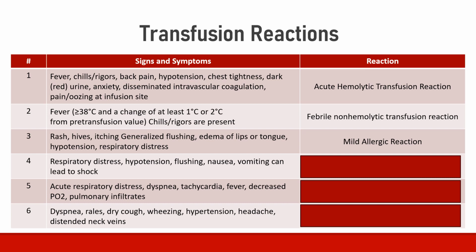So they might get a little bit of itching. The edema on their lips or tongue is not a great sign, but some itching makes it mild. I would argue this slide could be altered a little bit. The respiratory distress is not mild, so that really should be moved down. But if your patient just has some hives and itching, what did you decide to do?